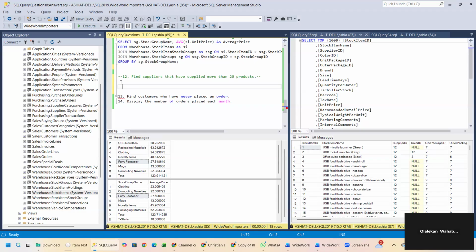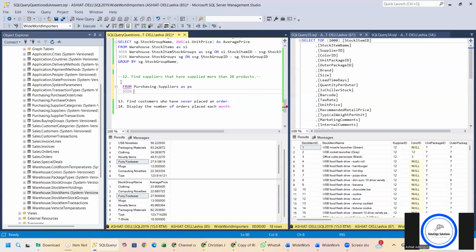The next line we can have from purchasing.suppliers as PS, then join warehouse.stockitems as WS.